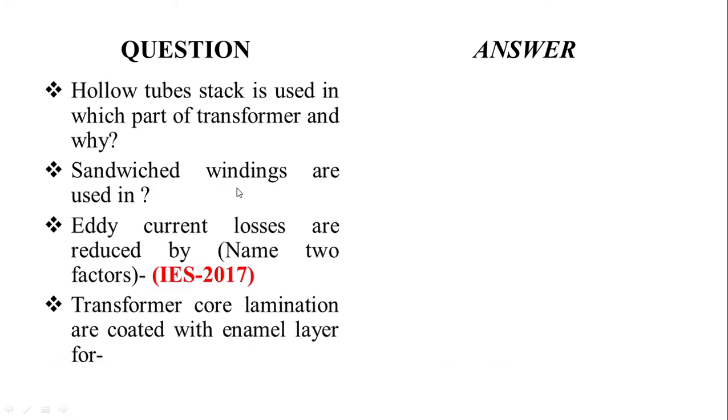Next is, hollow tube stacks are used in which part of the transformer and why? Hollow tubes are used only in the radiator of the transformer, and these hollow tubes form the radiator, and the radiator helps in cooling of the transformer oil.